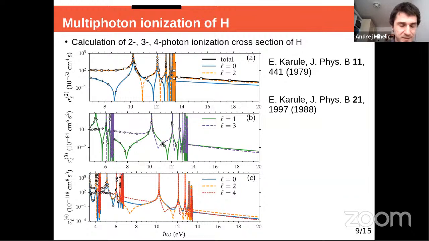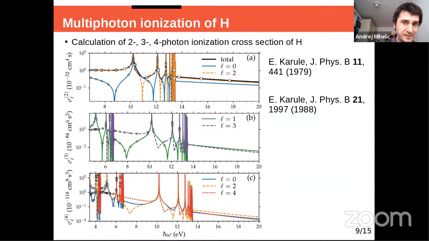And as you can see, there is excellent agreement both below and above the ionization threshold in all three cases, for 2, 3, and 4 photon cross section. All the features you can see are actually reproduced without any problems, so without any numerical difficulties.